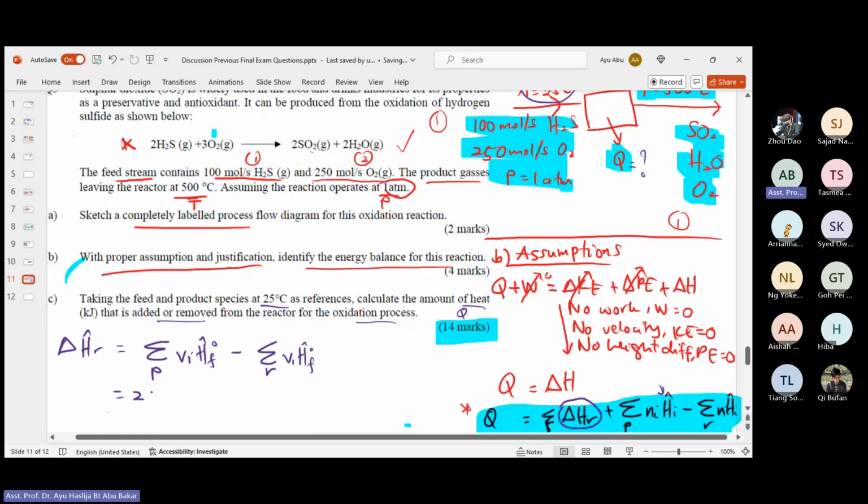So 2 multiplied by the HF of SO2 plus 2 multiplied by the HF of H2O.